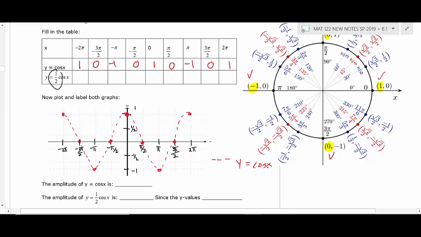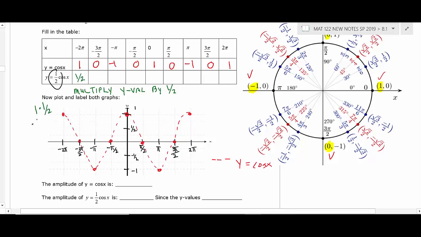Okay, so here's what happens. Now the next thing is, when you put that 1/2 in front of a cosine, you multiply all of the y values by 1/2. So really it's just going to cut all these things in half. If you do 1 times 1/2, that's going to give 1/2.